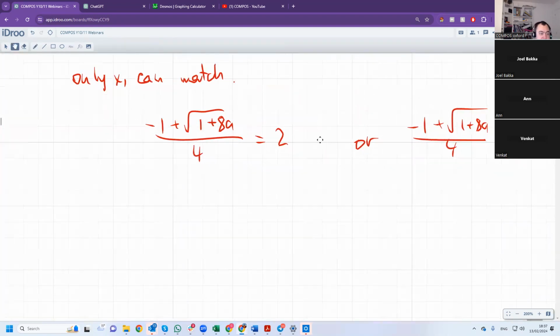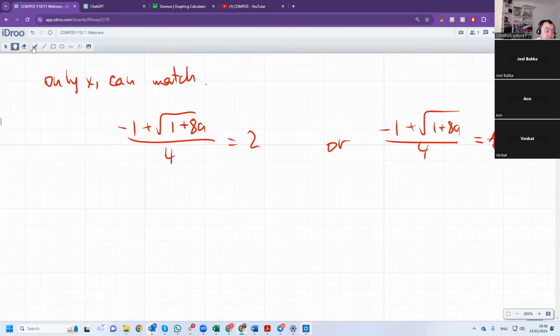You would think that this is a difficult equation. Actually, it's not difficult. So all you need to multiply by 4, that's 8. Add 1, 9. So square root of 1 plus 8a equals 9.